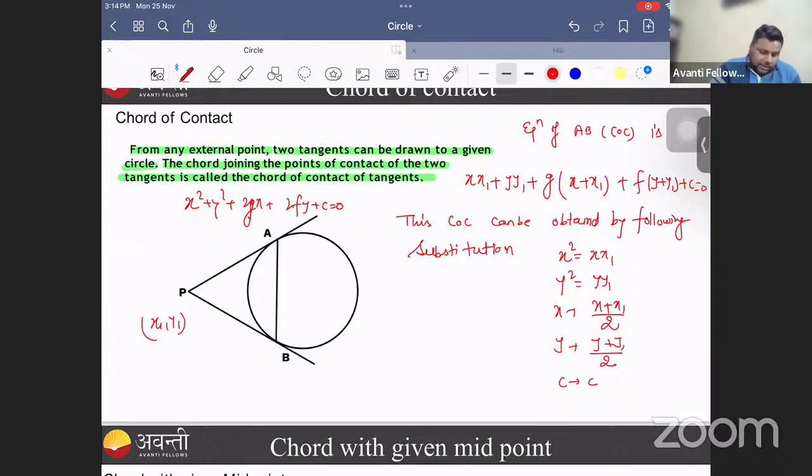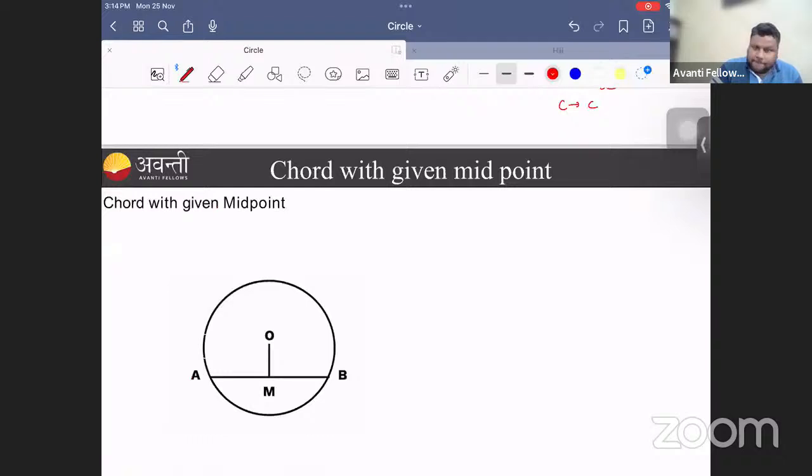Got it? Now, chord with the given middle point. You have to find the equation of the chord whose middle point M is given as x1, y1. This is the center of the circle. Let the circle be x square plus y square plus 2gx plus 2fy plus c equals to 0. Its center is (minus g, minus f).